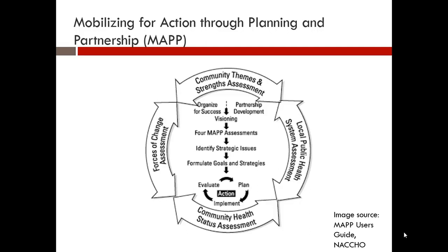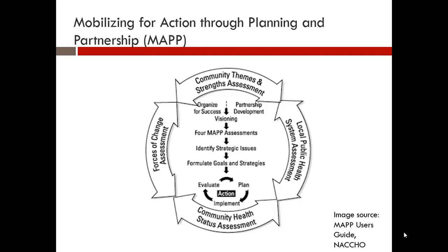And then in the middle you see here, it starts off with visioning, then it moves on to the 4 MAPP assessments, those 4 things we talked about in the clockwise manner, then identifying strategies, which basically is planning, and then formulating goals and strategies, and then you go on to what we talked about: plan, implement, evaluate, right?